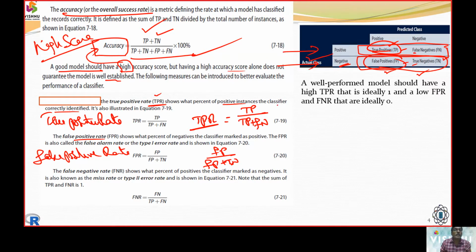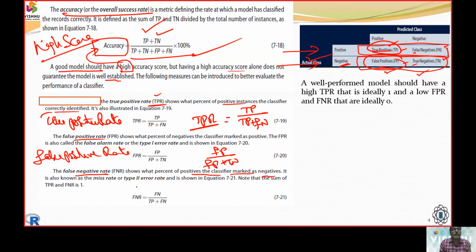Now holistically, let us compute the false negative rate. We need to get the percentage of the classifier marked as negative.